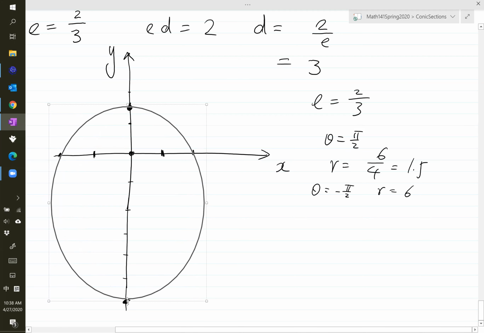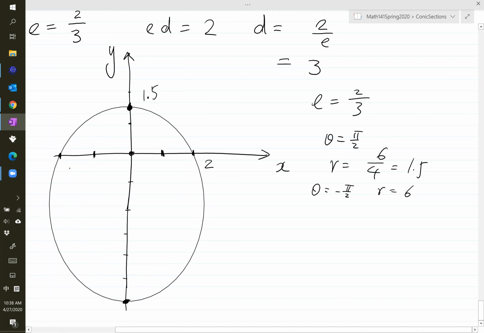Okay, it more or less looks like this. So this point is 1.5, this point is 2, this point is -2, and this is -6.